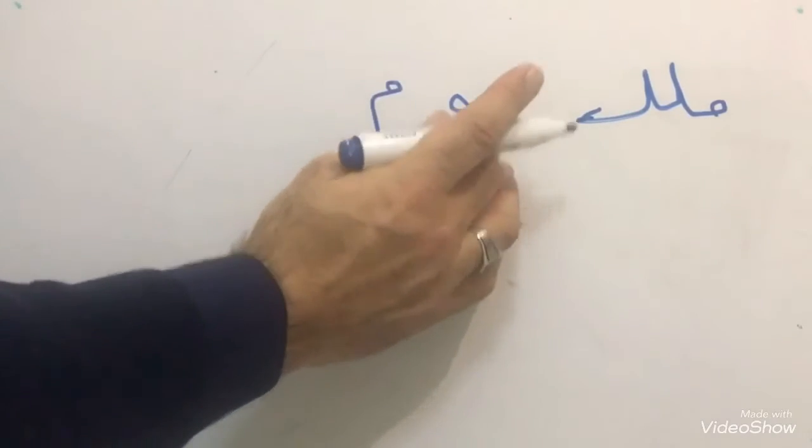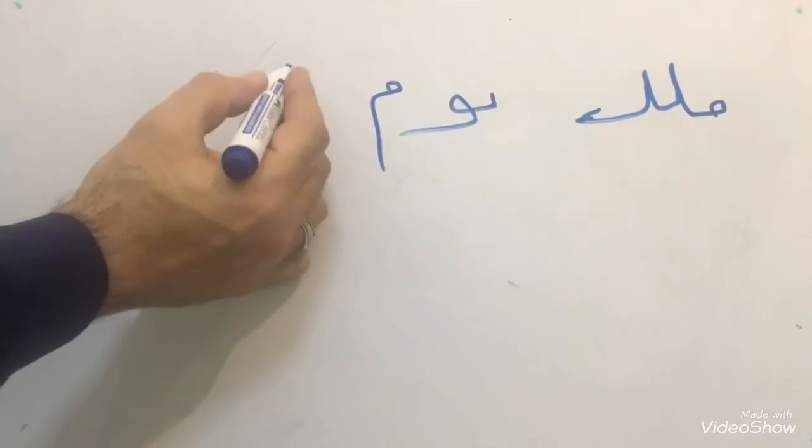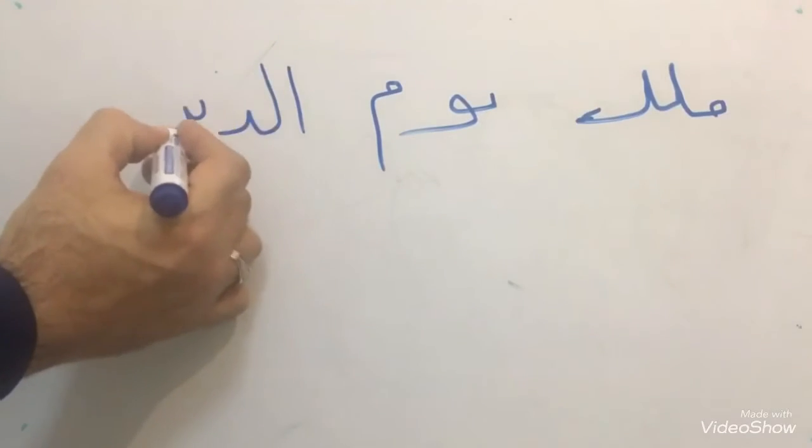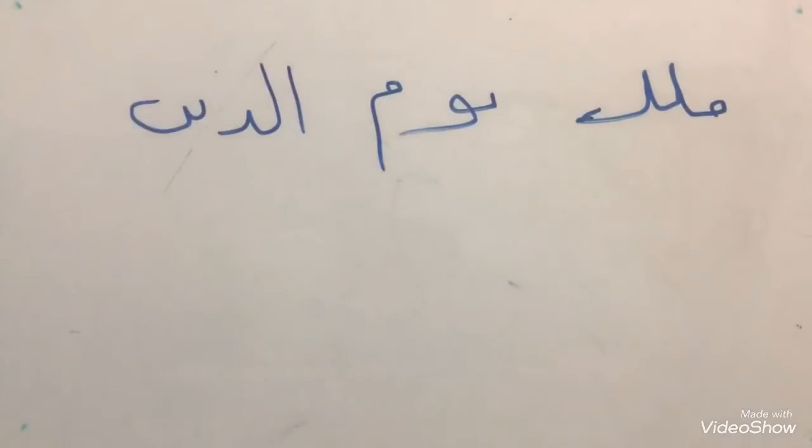Of course, there were no points. Ad-Din. Maliki Yawmi Din. This is an ayah from Quran. It is from Al-Fatiha.